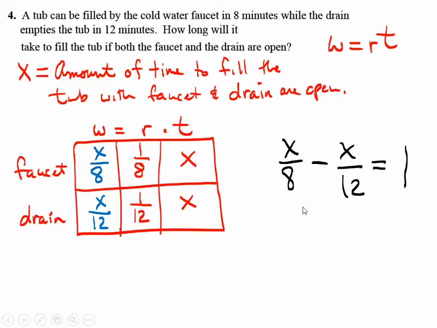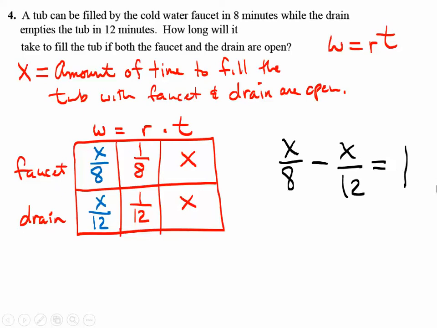It would be the work of one hose plus the work of the other. In this case, it's a minus because the drain is undoing the work of the faucet. If you had 2 faucets, both open, then it would be 1/8 plus 1/12 because they're both helping each other.